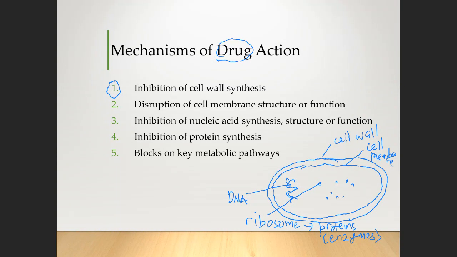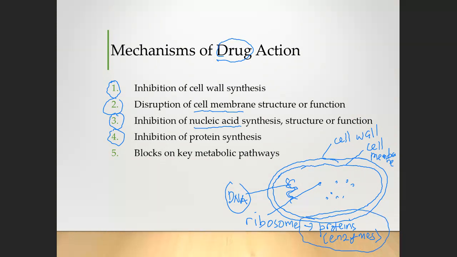Then the second target will be the cell membrane, destruction of the cell membrane, for example. And the next target will be the DNA, which is nucleic acid synthesis, structure, and function of this DNA. And then the next target will be the inhibition of this process over here, protein synthesis.